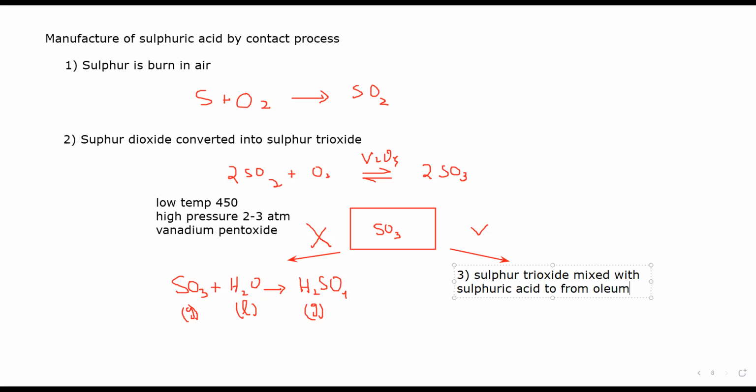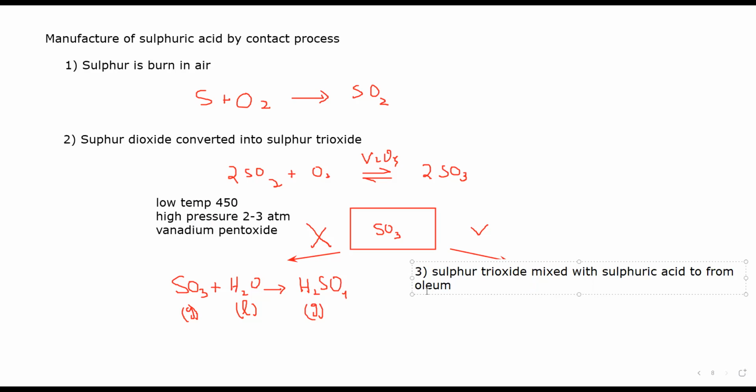But if you see, we are manufacturing sulfuric acid, and we are adding sulfuric acid. What is the reason for this method? After completing the equation, I will explain why this method is done.